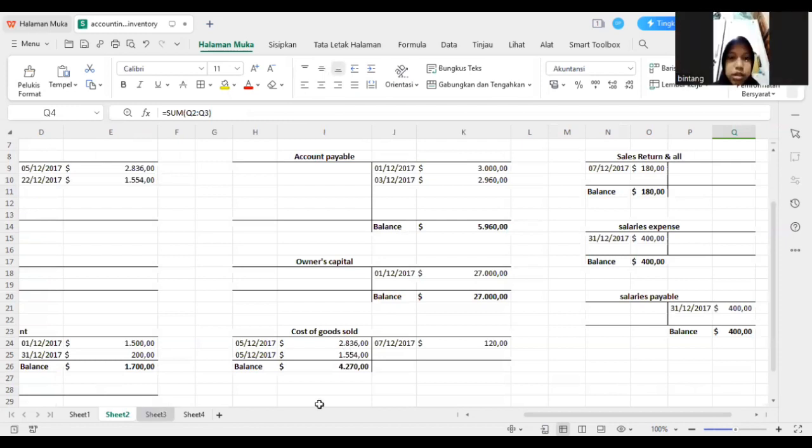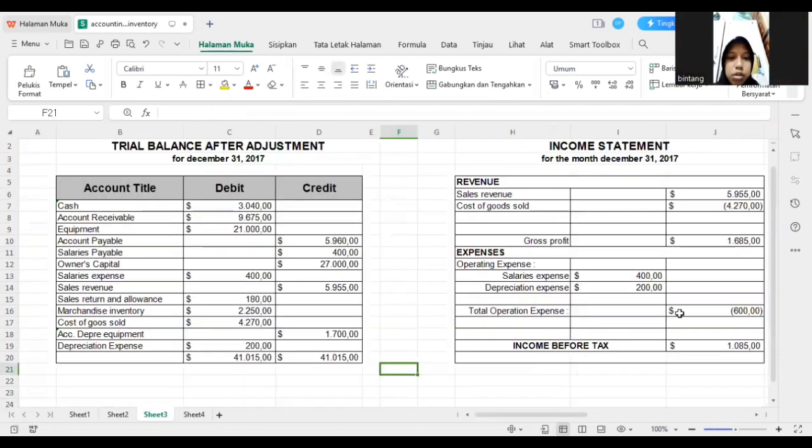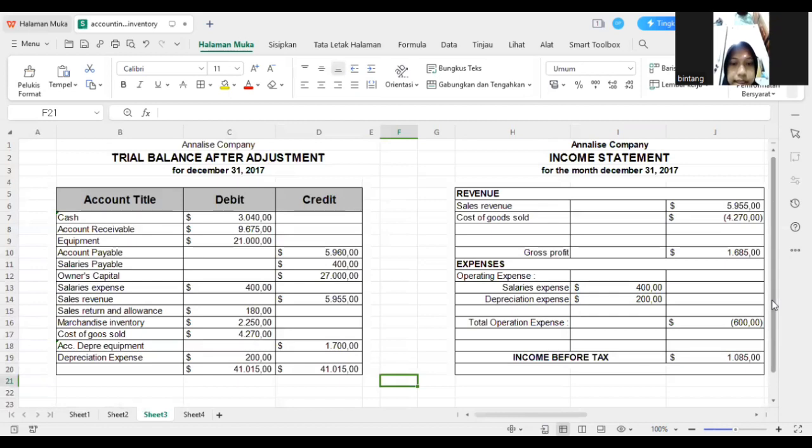Okay, thank you, Nazla. So the next instruction is to prepare an adjusted trial balance as of December 31, 2017. The trial balance is the company's trial balance after adjustment for December 31, 2017.